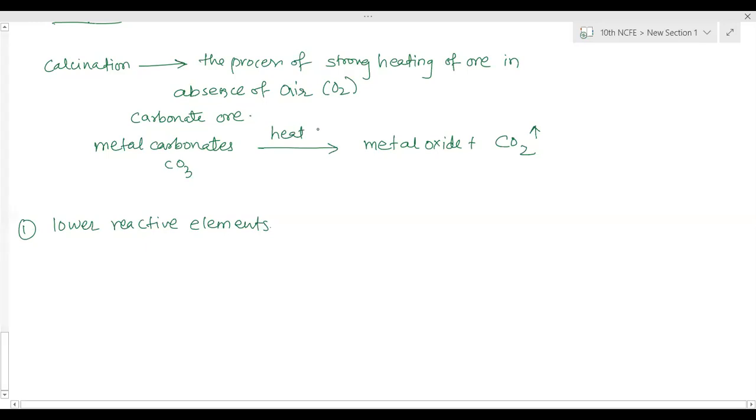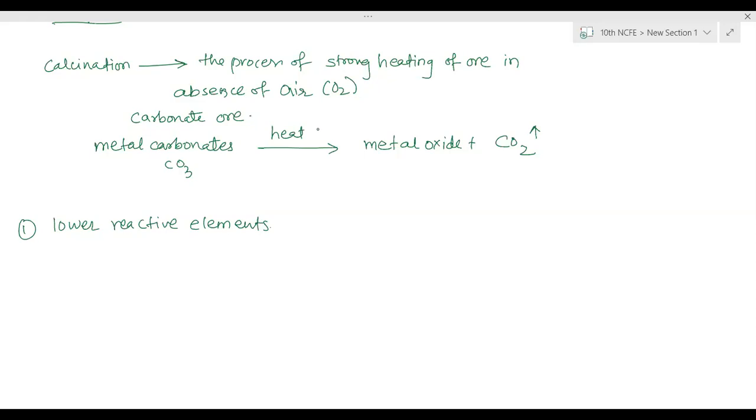The metal will be found in its original state, not in a compound form, because these are noble metals. They do not undergo any chemical reaction in air, in the atmosphere. So in the earth's crust we get those elements as they are. We only have to remove the earthen impurities attached to them, not reacted with them.